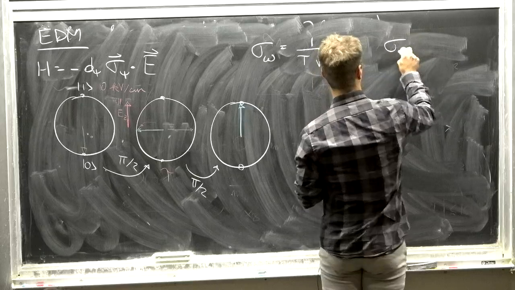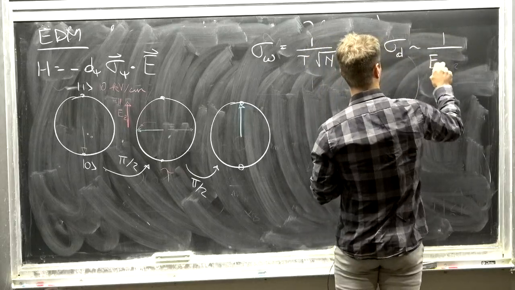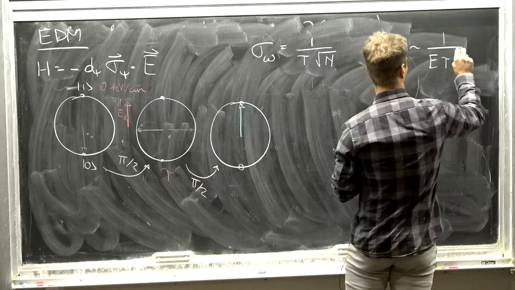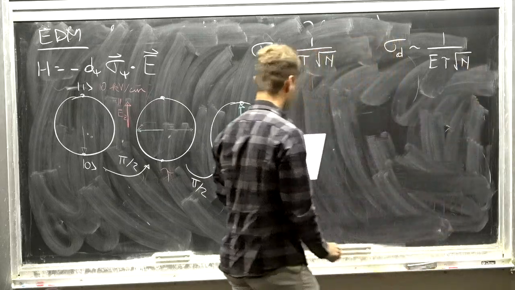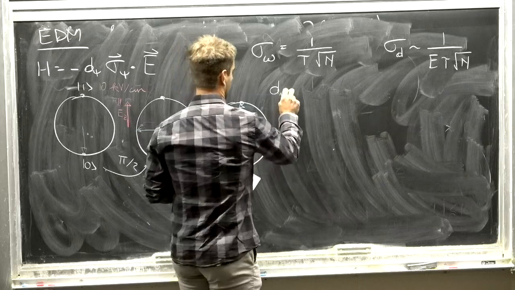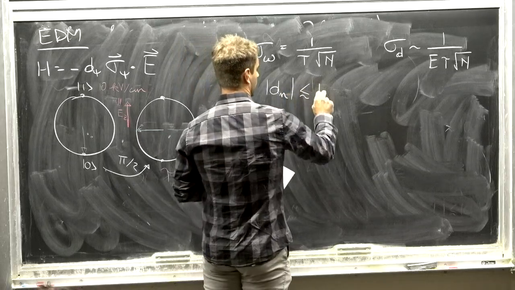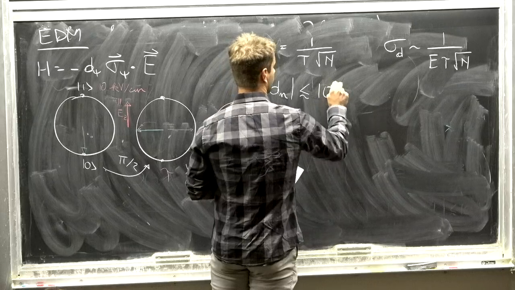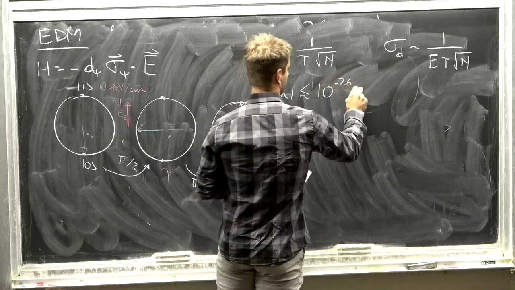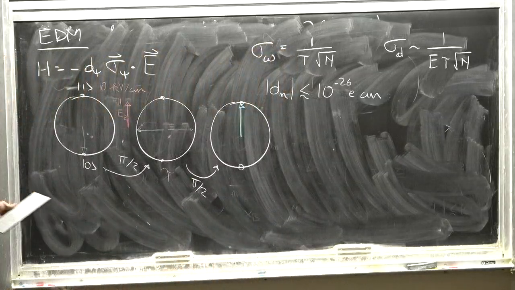So I get a precision of order 1 over the maximum size of the E field over square root of n. Okay, so from doing this with ultra cold neutrons, the electric dipole moment of the neutron is constrained to be 10 to the minus 26 e centimeters.